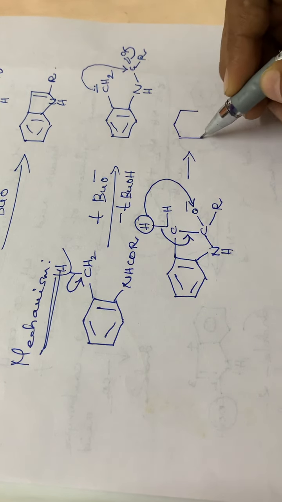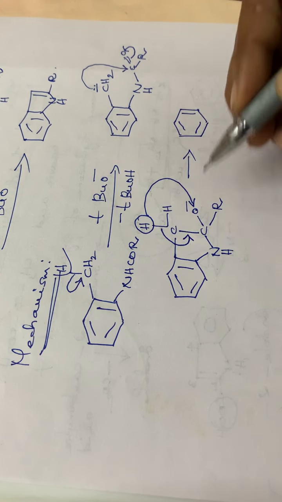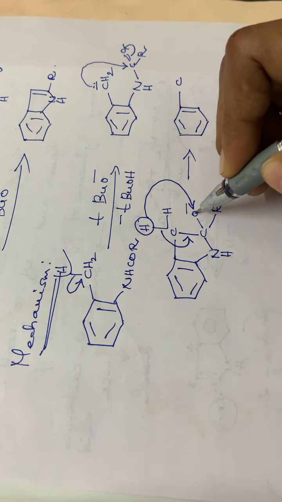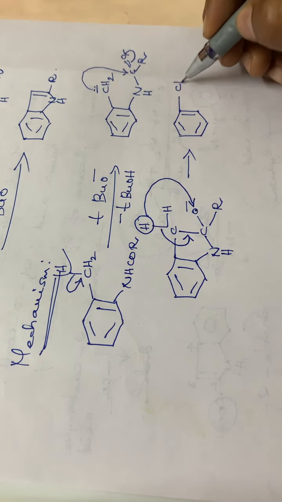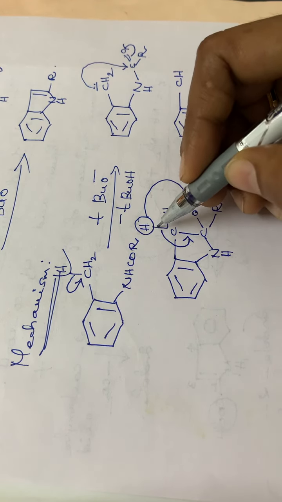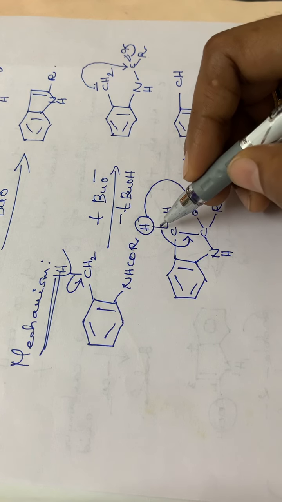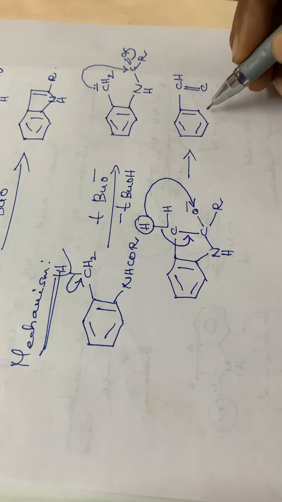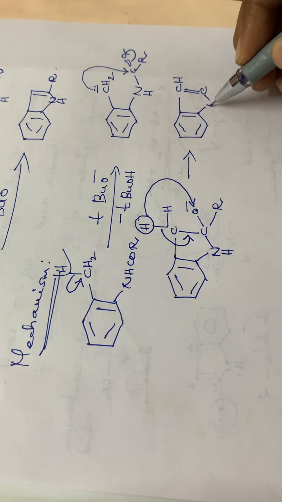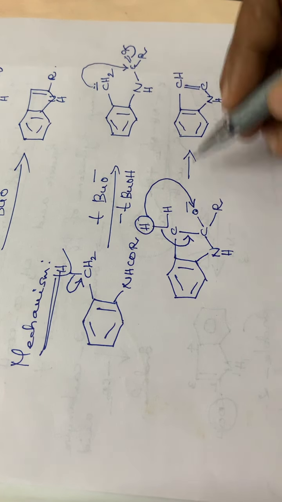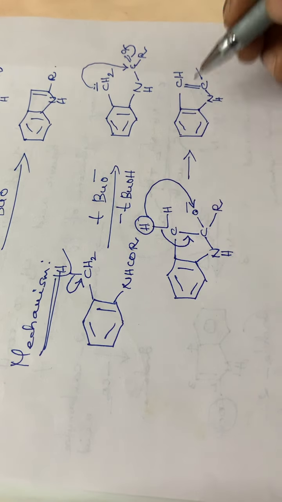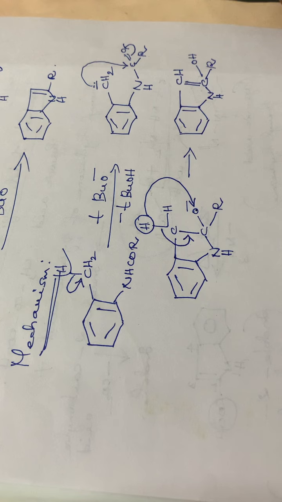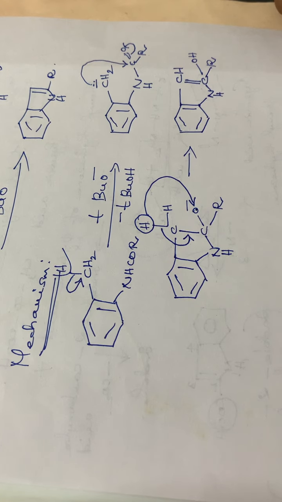The C single bond, one of the hydrogens abstracted by O minus, so that here it becomes CH. The electron pair of the hydrogen removed as a proton shifts to this position, so here it becomes a double bond C, then NH. Then the O minus changes to OH, then here it becomes R. So this is the next step.